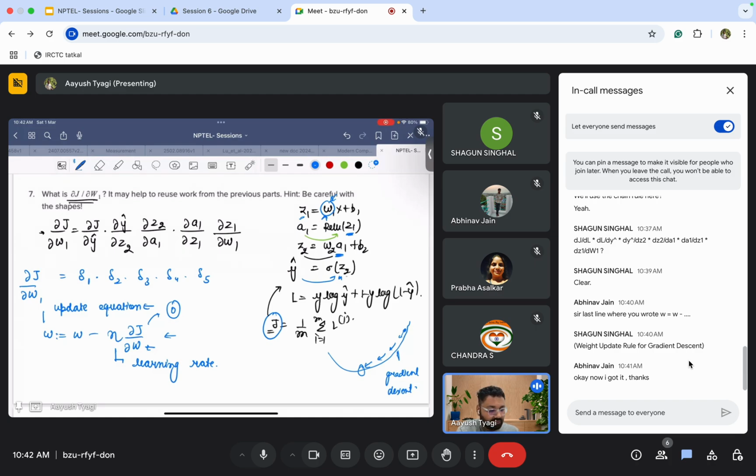And how do you do it? With the chain rule. You go one step back at each step. You compute the derivative of J with respect to your predicted samples, with respect to your intermediate representation Z2, Z2 with respect to A1, with respect to Z1, and Z1 with respect to your W1, right? And then you update your weights.